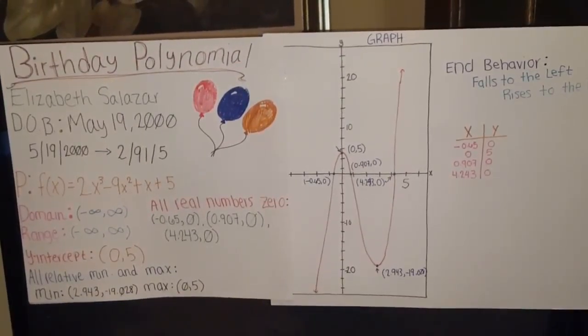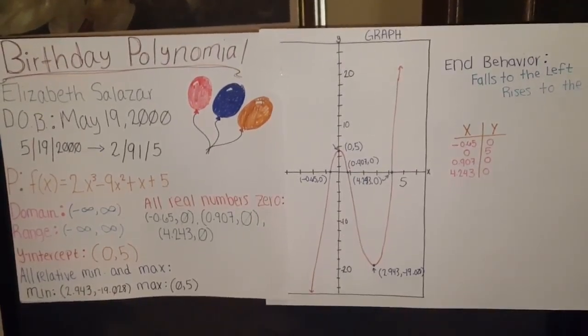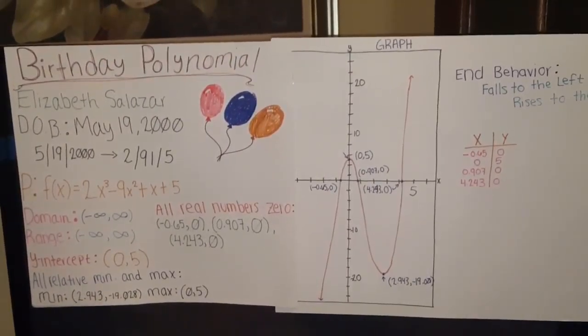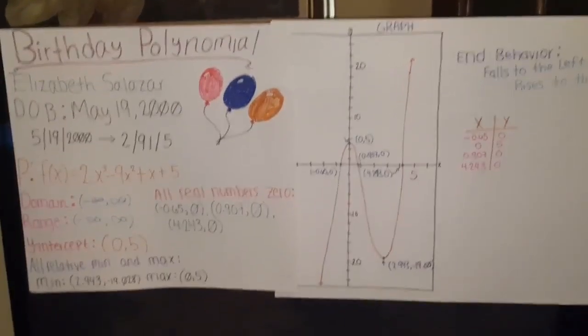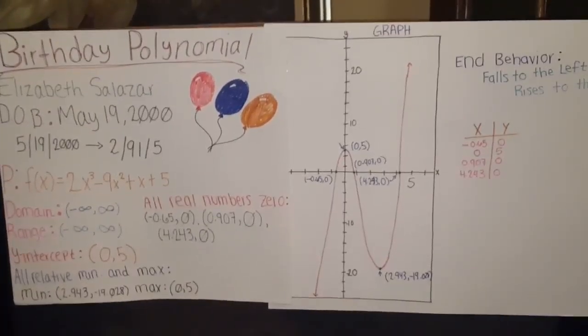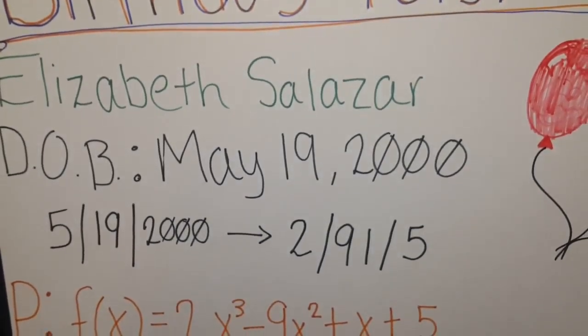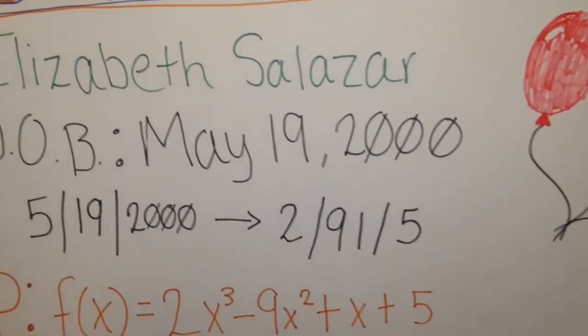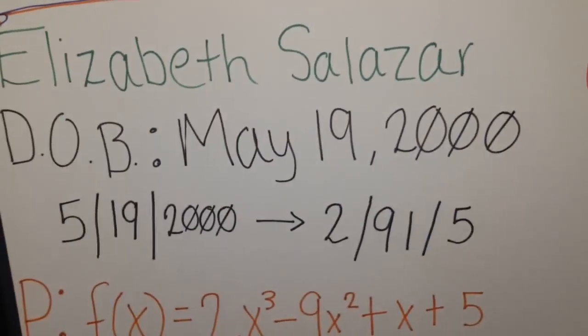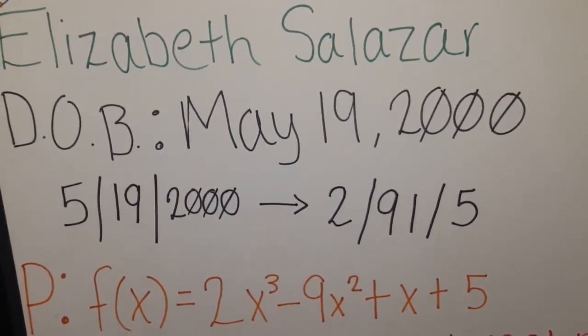So the objective of this project is basically to get your date of birth and flip it around in order to create your equation. For example, my date of birth is on May 19th, 2000, and the digits are 5192000.